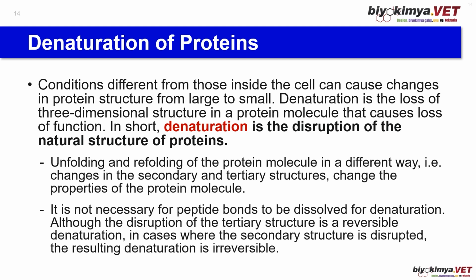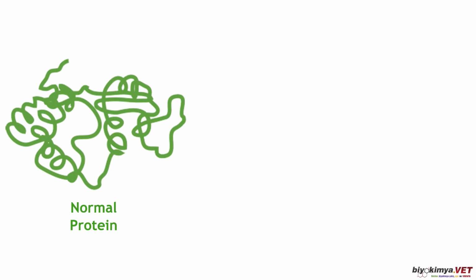In other words, the protein molecule must be exposed to a number of factors in order for the native structure to be disrupted. Protein denaturation involves disruption of both secondary and tertiary structures, and denaturation reactions are typically not strong enough to break peptide bonds, and the primary structure remains the same after denaturation.